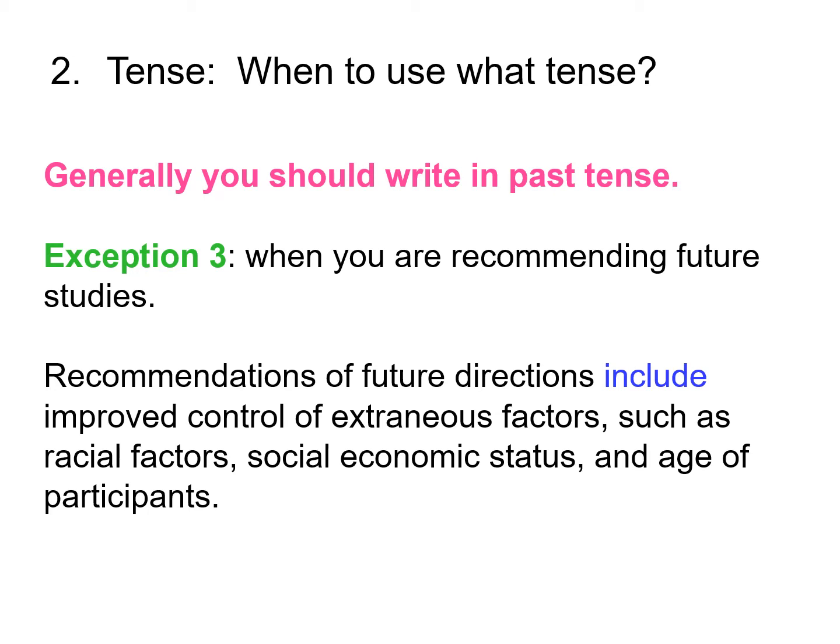For instance, recommendations for future directions include improved control of extraneous factors such as blah blah blah. So it's "include," not "included" or "will include." When you read this sentence, the only tense that really makes sense is the present tense.